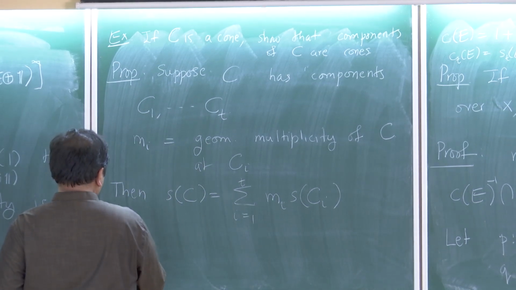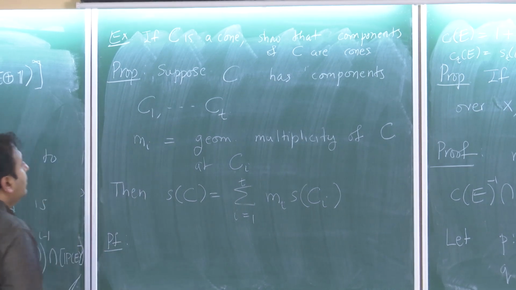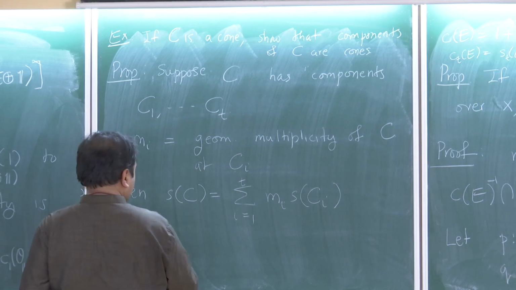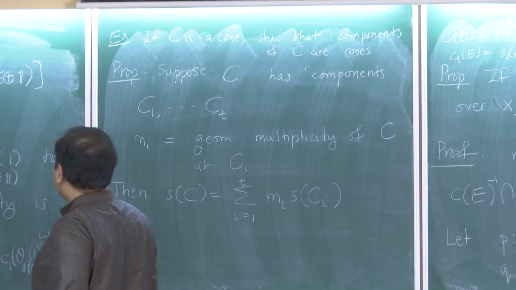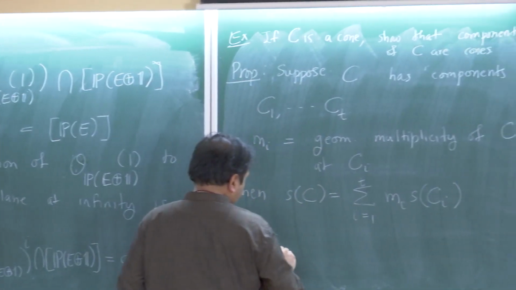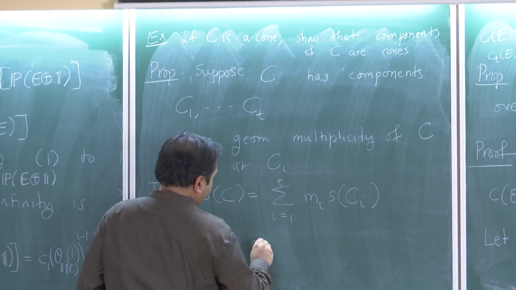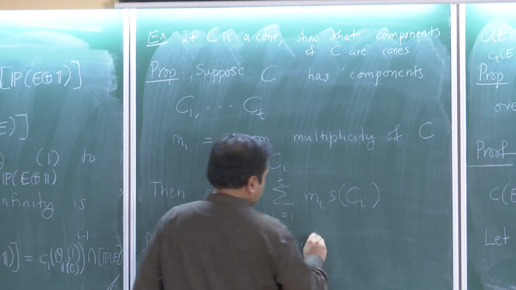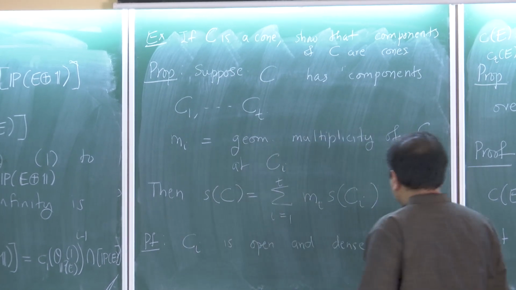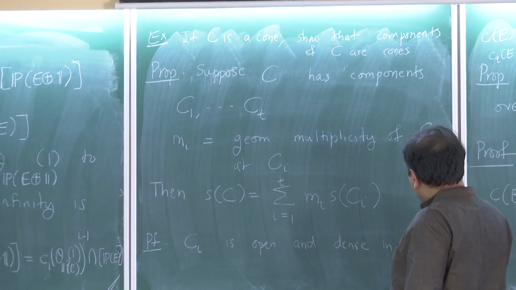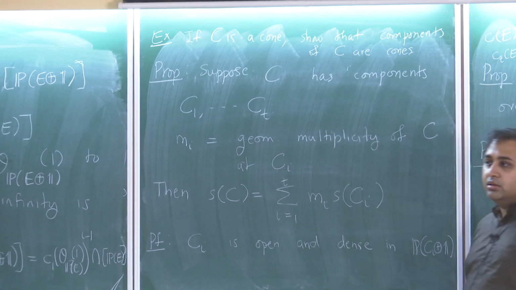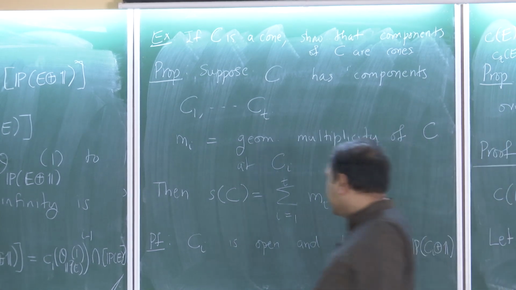So, proof. This is another place where it helps that we are adding this plus 1, because Ci is open and dense in P(Ci+1).